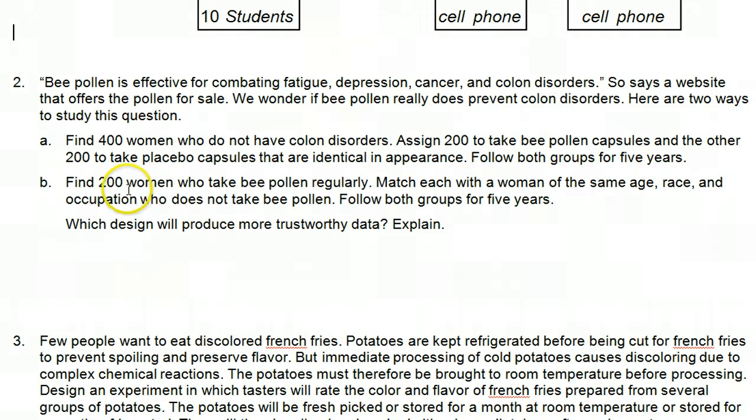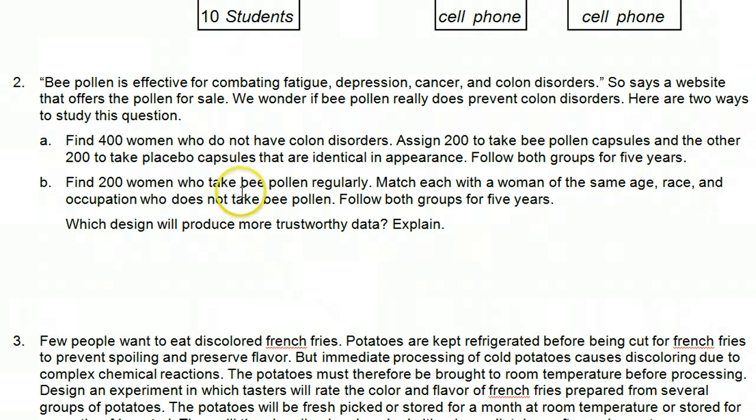Now, even though you tried very carefully to match each woman with a woman of the same age and same race and occupation, all right, so you've controlled for those 3 specific variables. There are 1,000 variables out there that you are not specifically controlling for. Now, the thing is, you might not think of it right now. So here are a few variables that popped into your head.